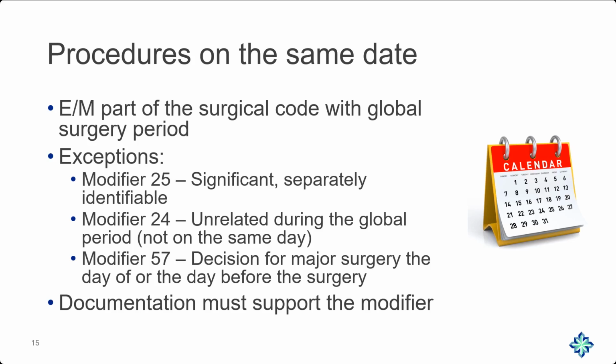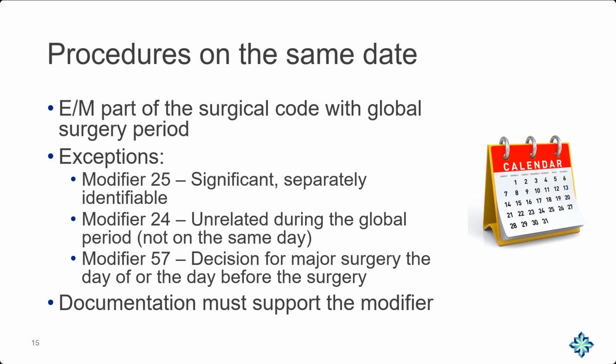Okay, so again, this 25 is when that E&M is being billed on the same day as another service. An example of appropriate use: you've got an E&M on the same day as an annual wellness visit. Modifier 25 could be appropriate. Again, we have to see why it's significant and separately identifiable from the other E&M visit that's being billed on that day. An inappropriate example is if you have an E&M that's billed on the same day as a chest x-ray. In this scenario, that chest x-ray isn't something that's part of our National Correct Coding Initiative.